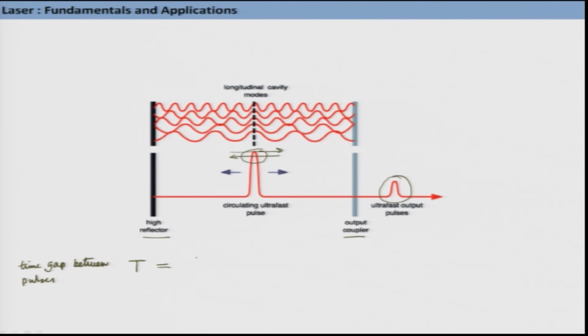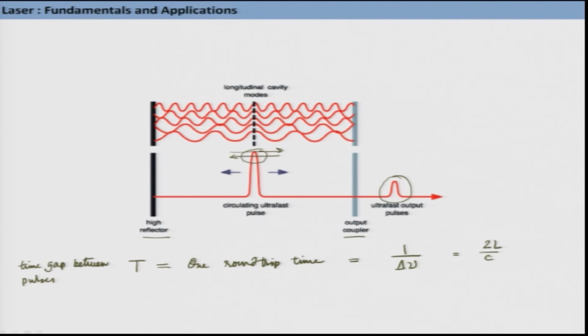T is essentially 1 round trip time. And one can actually show that this period is equal to 1 upon delta nu. Okay. In other words, it will be 2L by c.